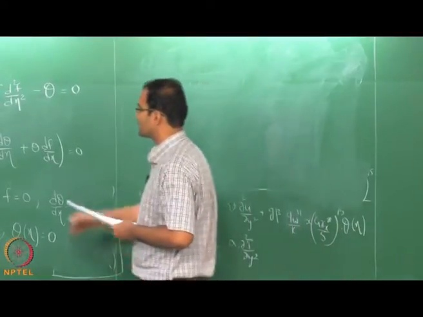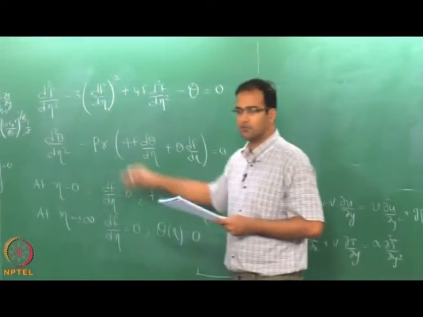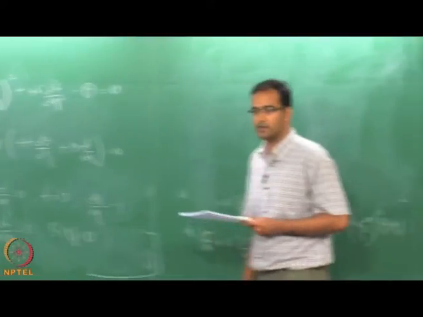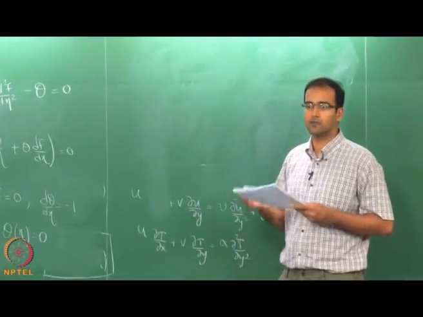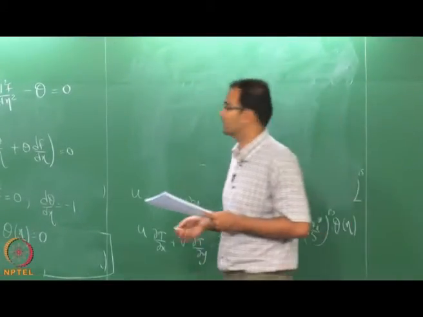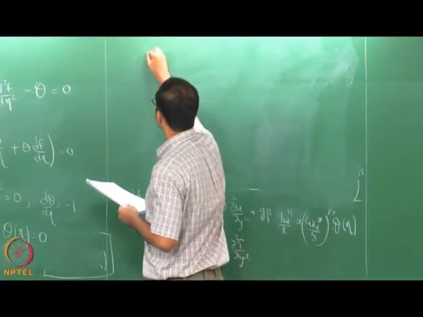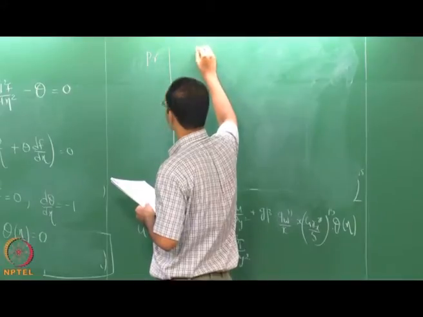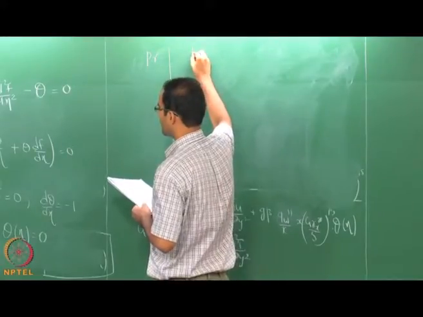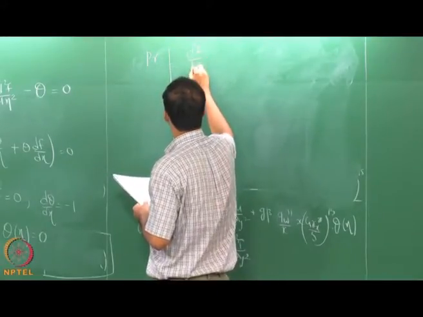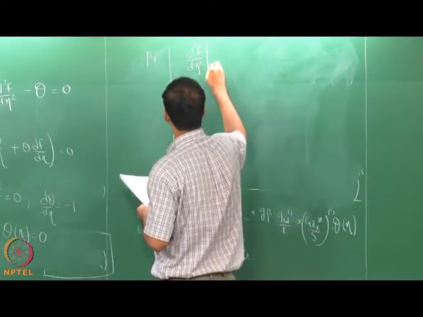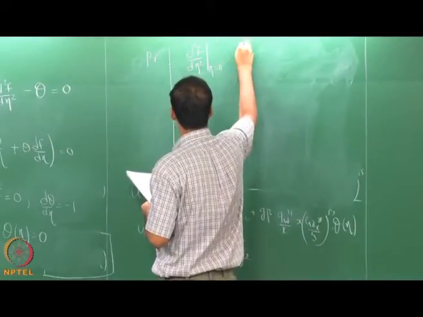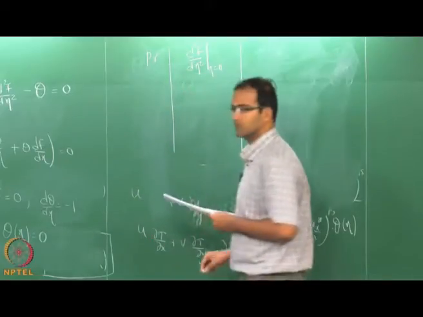Naturally, once again this is a coupled set of ODEs, you have to solve them simultaneously, and therefore the flow solution is also a function of the Prandtl number. For different values of Prandtl number, you will have d square f by d eta square at eta equal to 0, and what do you have for temperature?